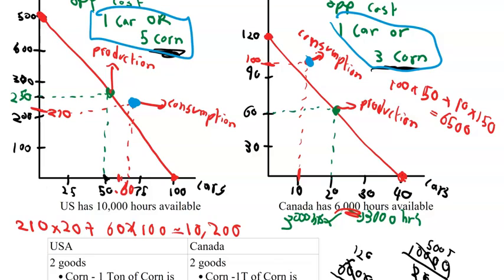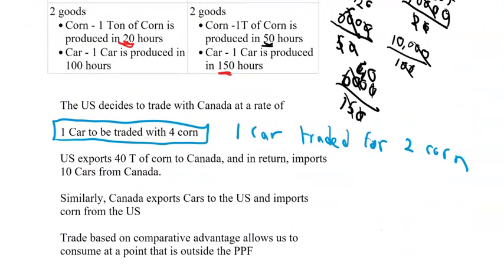Canada is actually giving up 3 corn to build 1 car. If the US is only offering 2 corn for that, Canada is actually losing money, so Canada will not want this price.